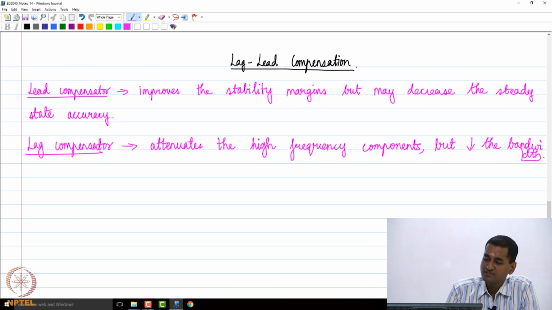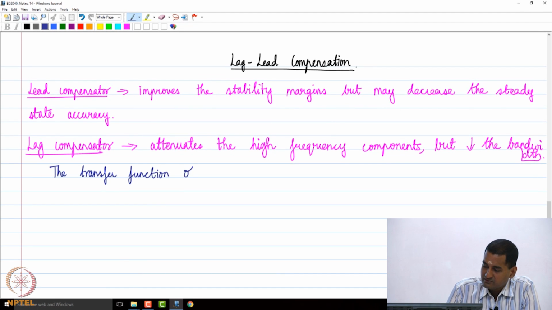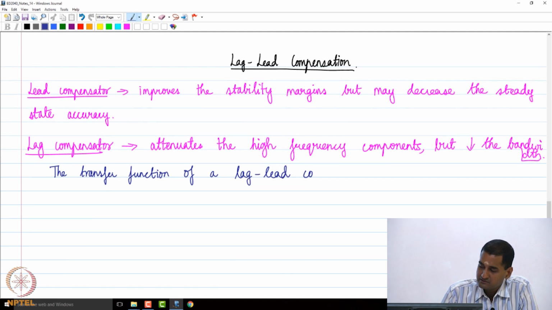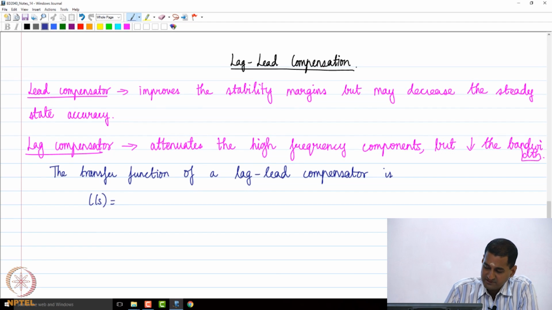So, I am just going to give you the structure and then discuss it, and I will leave the Nyquist plot and Bode plot of the lag lead compensator as a homework problem. So, let us look at the controller transfer function. The transfer function of a lag lead compensator is, okay, how is the controller transfer function written?